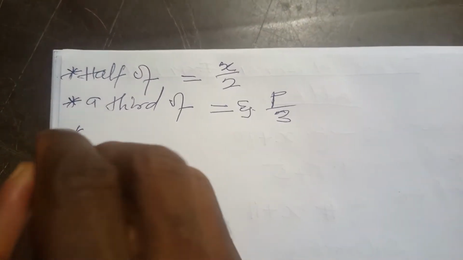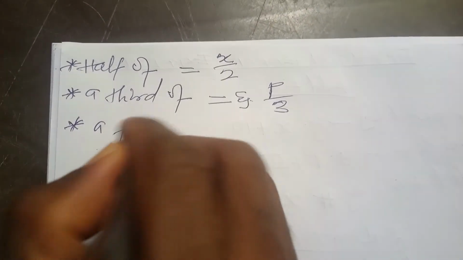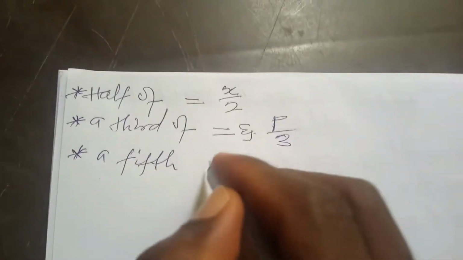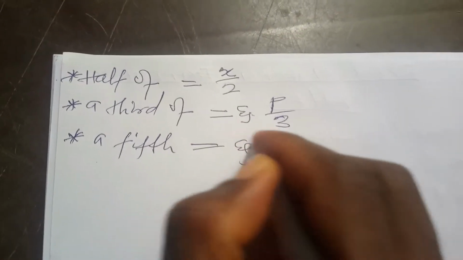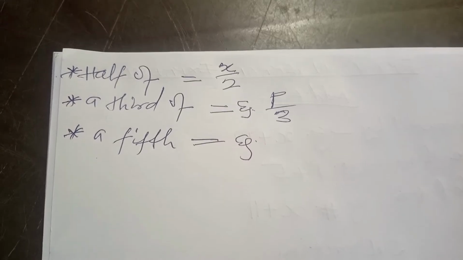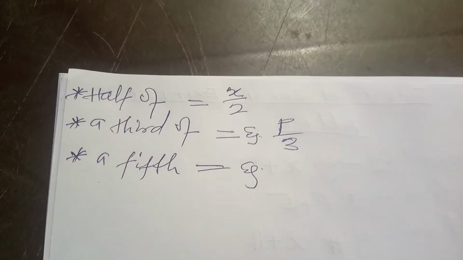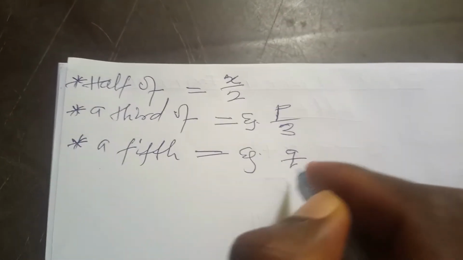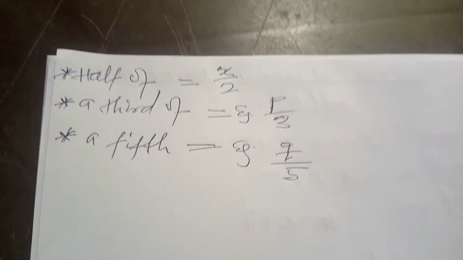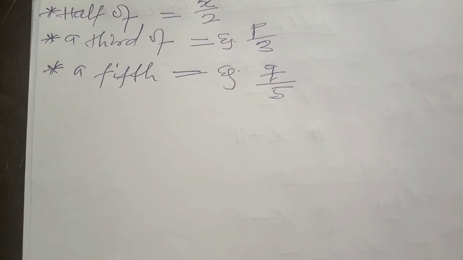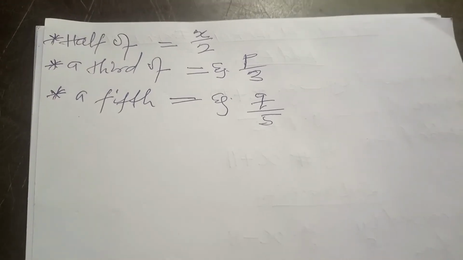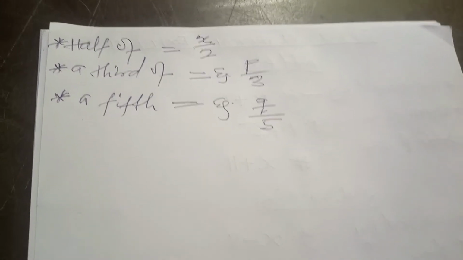Then we can also have another specific one as a fifth of. For example, if the number is q, then a fifth of q is q divided by 5. And we can continue with more examples. So these are a few examples of how we can form algebraic expressions.